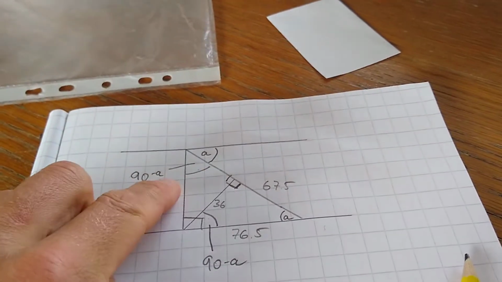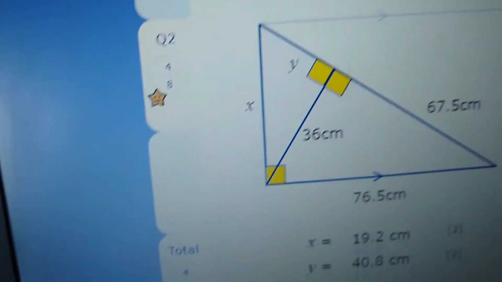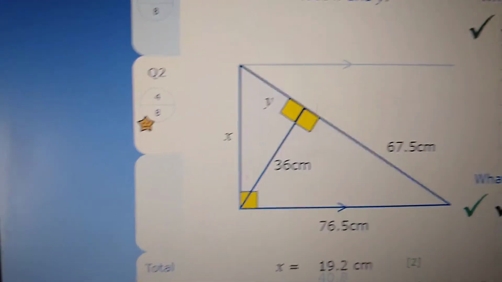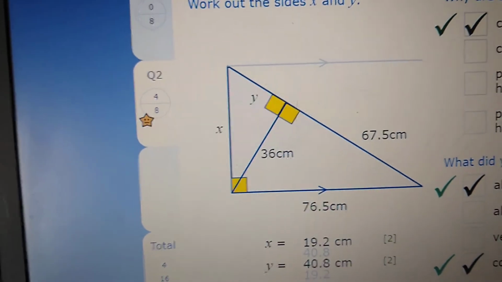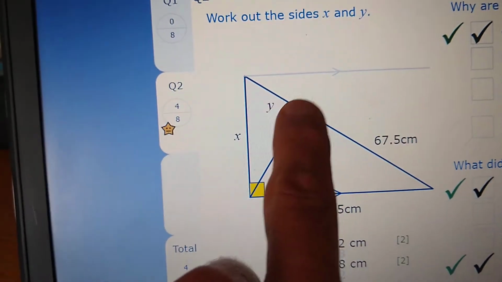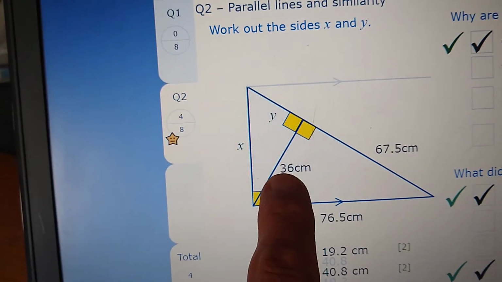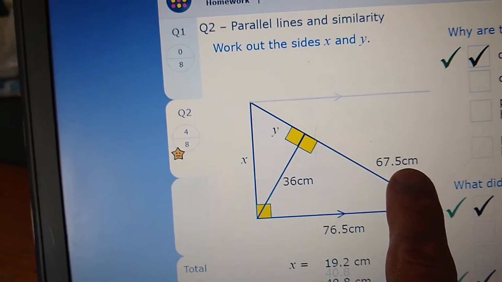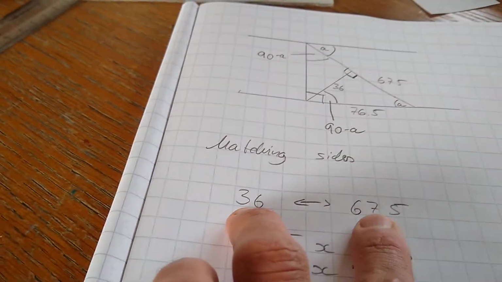Right, and then you still have to find side X and side Y. Side Y being up there, side X being here. Go back to the picture. And you're going to be really careful now. The two sides that actually match are, I know they're drawn to be here, but it means that the 36 and the 67 match in those two triangles. So these two are linked, 36 and 67.